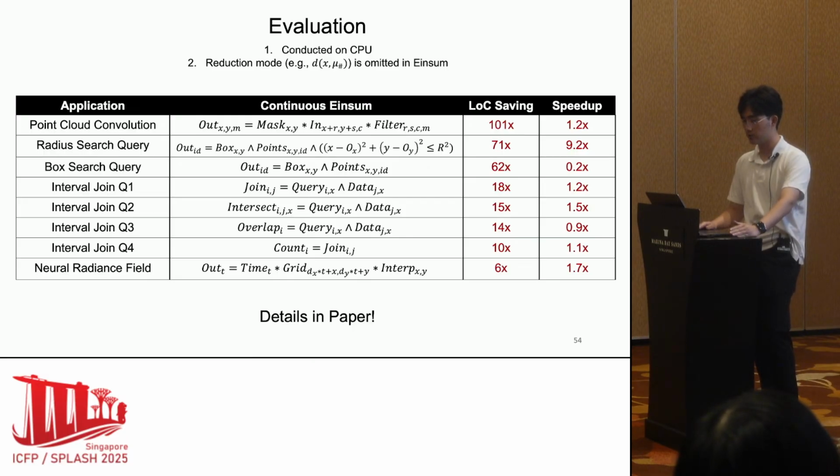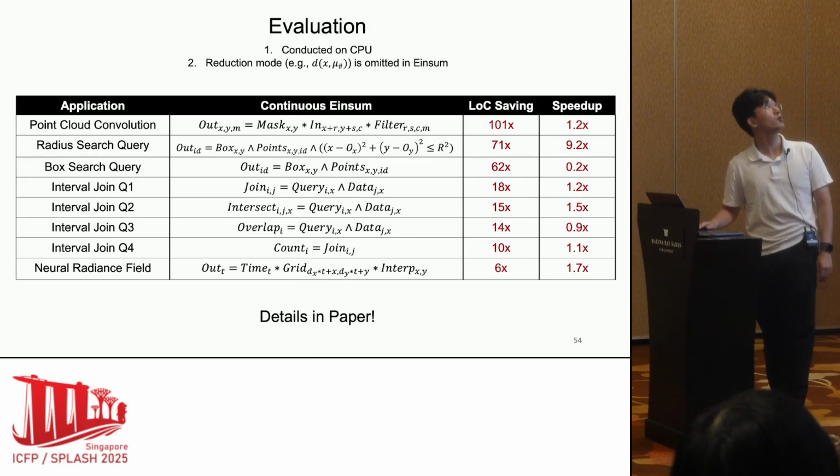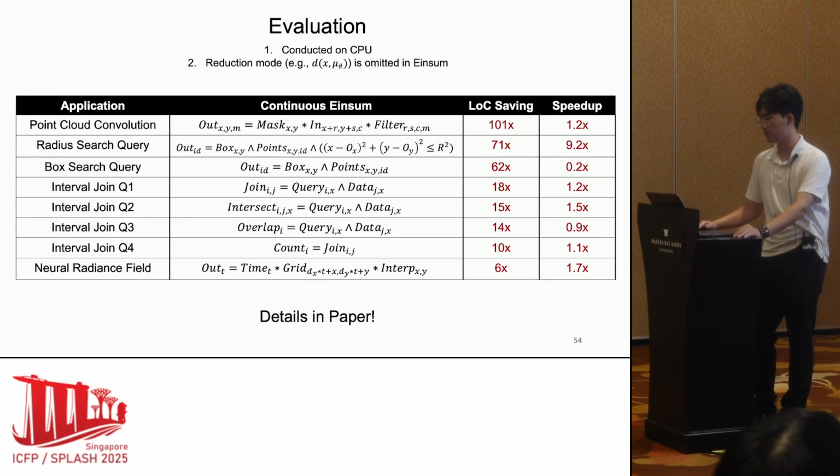Across a lot of applications, our compiler can achieve comparable or better performance than handwritten libraries while reducing programming effort a lot. For the point cloud convolution case, we found we can save up to 100x fewer lines of code with better speed.